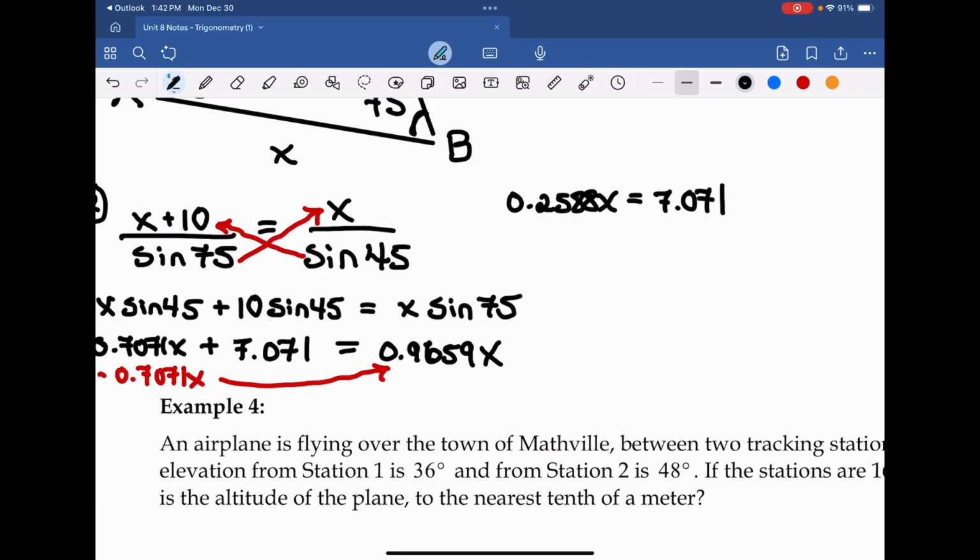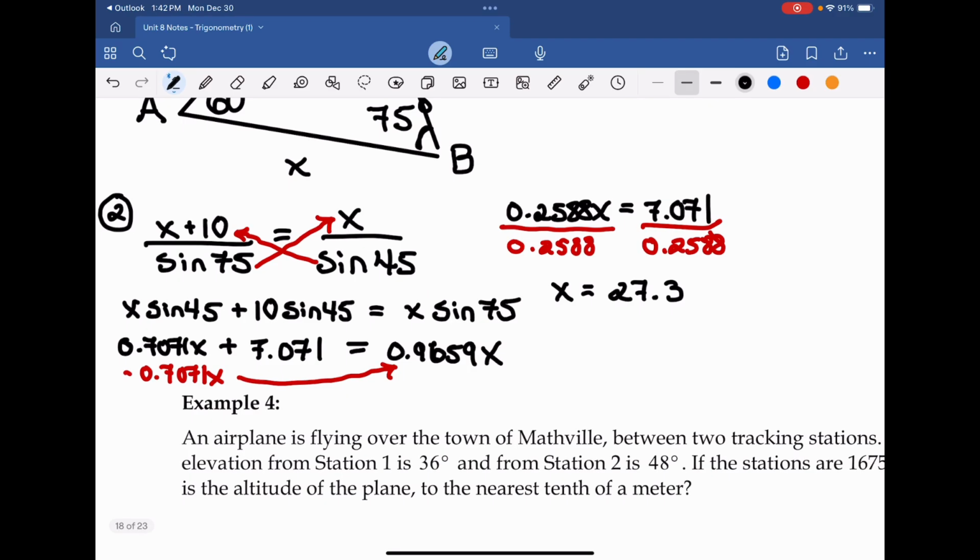I'm going to divide both sides by 0.2588. Excellent. And this gives me that the x value is equal to 27.3. Perfect. Okay, so this is to the nearest tenth, and I'm going to hold on to that.